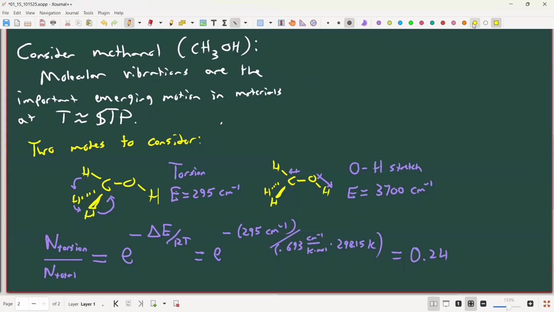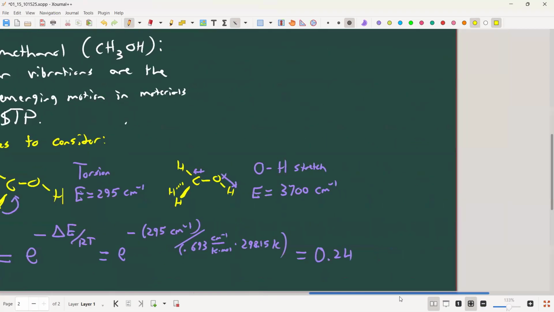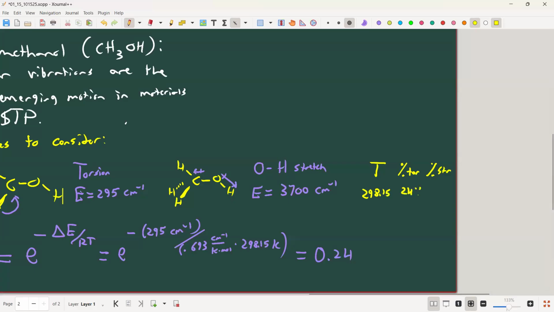So at 298 Kelvin, I'll just make a little table here. Percent torsion and percent stretch. 298.15, it's 24% for the torsion.